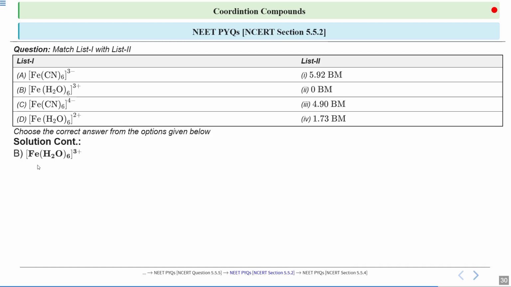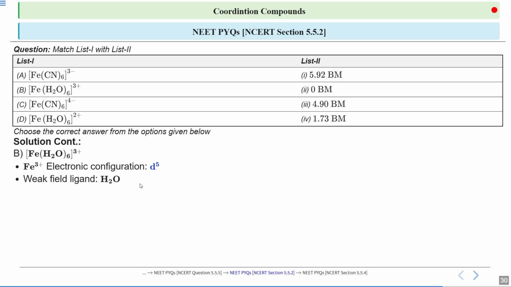For the next complex B, [Fe(H2O)6]3+, iron here is in +3 oxidation state again, with the electronic configuration d5. d5 means 5 unpaired electrons are present in the d orbital. Now for the ligand, here is a water molecule, which is a weak field ligand.